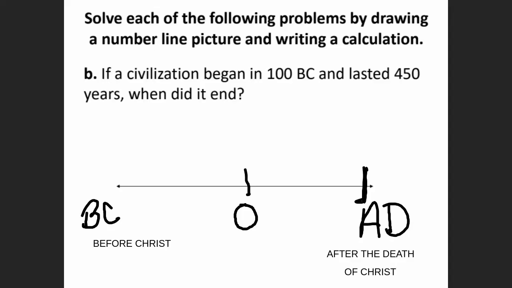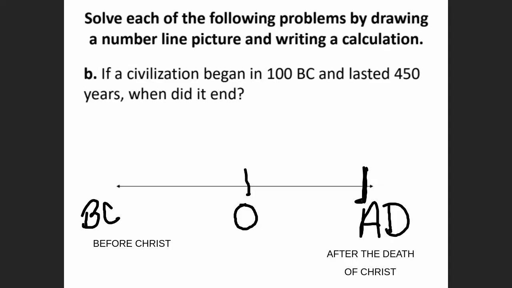Okay, AD. So in this problem, if you don't know about AD and BC, you're going to have a little trouble figuring this out, because this is bringing in what we call writing across the curriculum. We're using a timeline that comes from history and answering it based upon history and math.